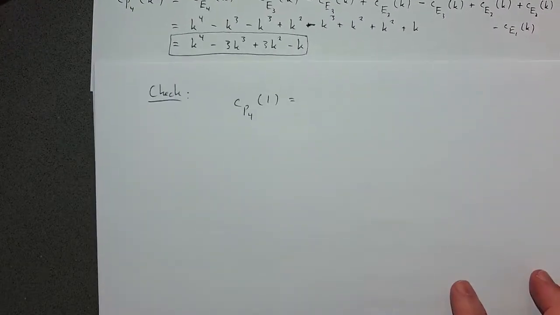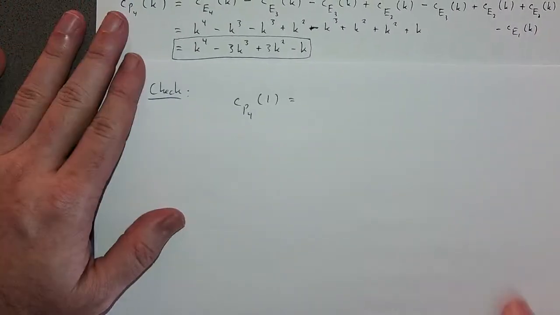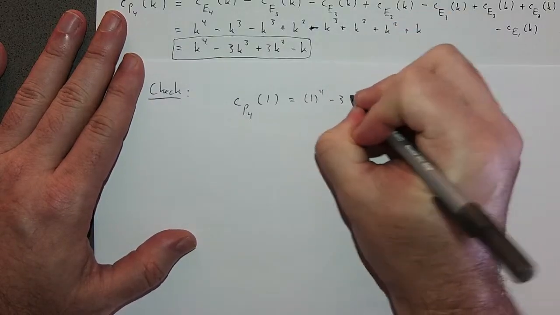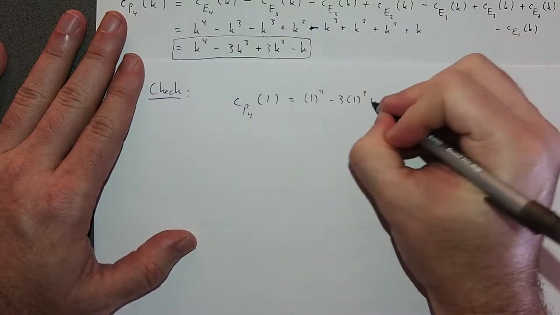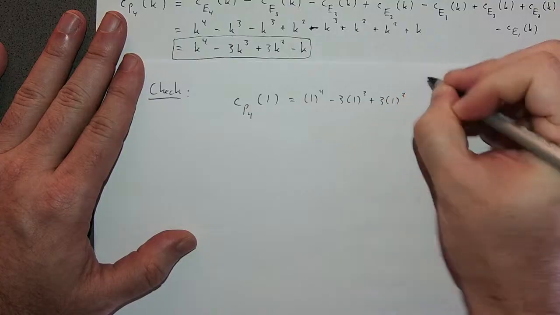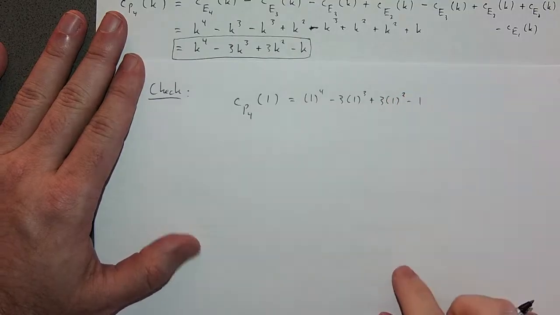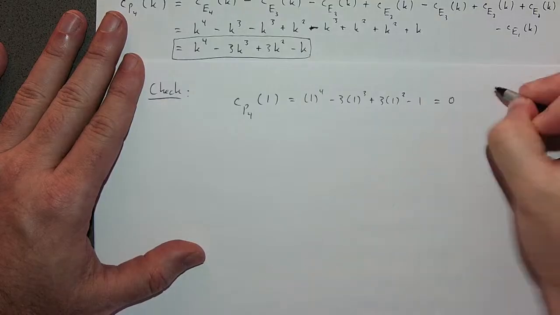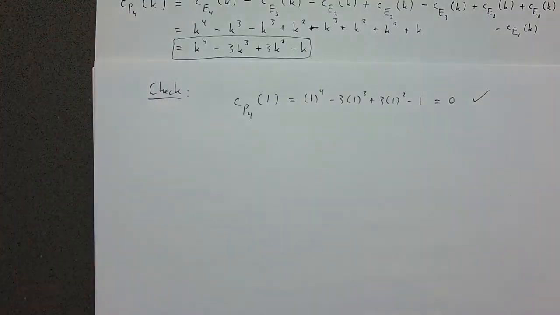This would be 1 to the 4th minus 3 times 1 cubed plus 3 times 1 squared minus 1. This would be 1 minus 3 plus 3 minus 1. This is 0. That checks with how this should be.